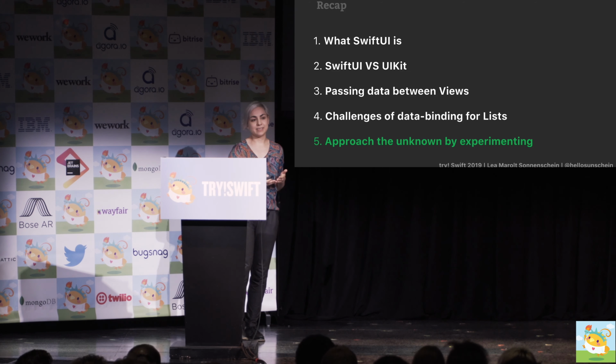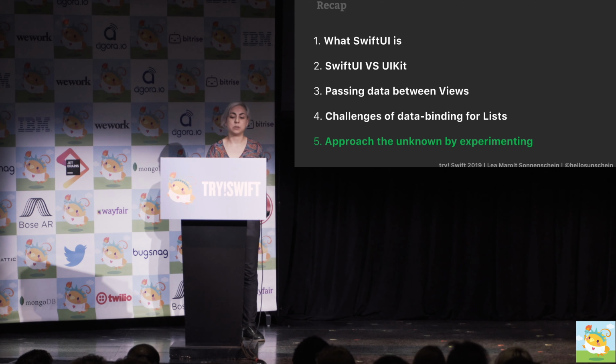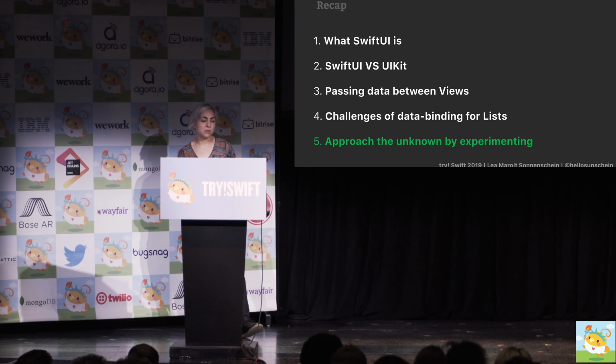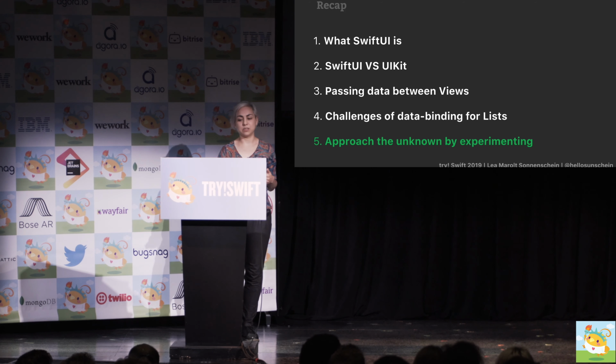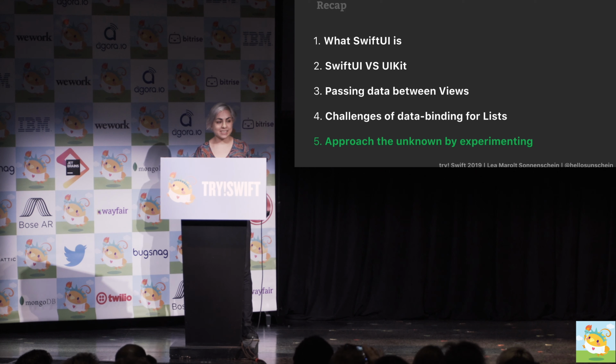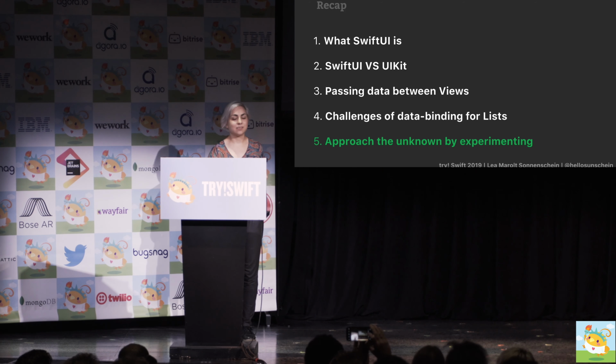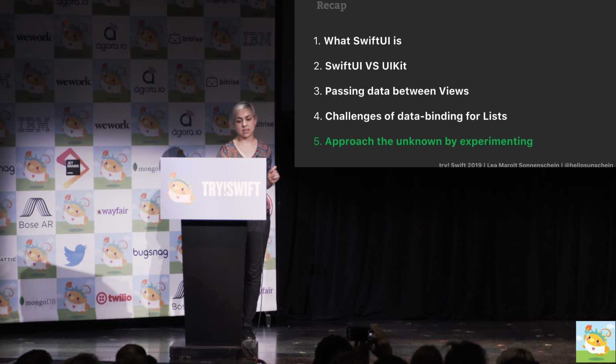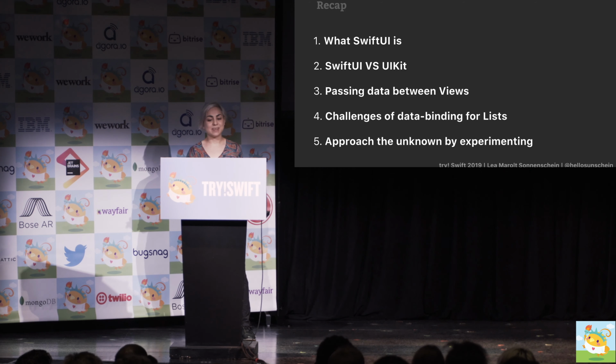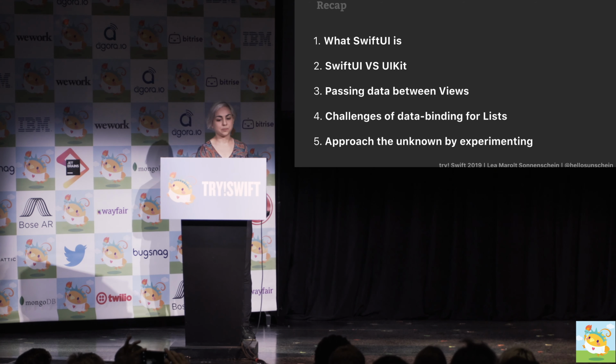Finally, we took a look at some examples of how you might approach experimenting with your code when there are little to no prescribed patterns on how to achieve what you want. And even though Apple might suggest a certain way of doing things, it's not necessarily the best for your use case.